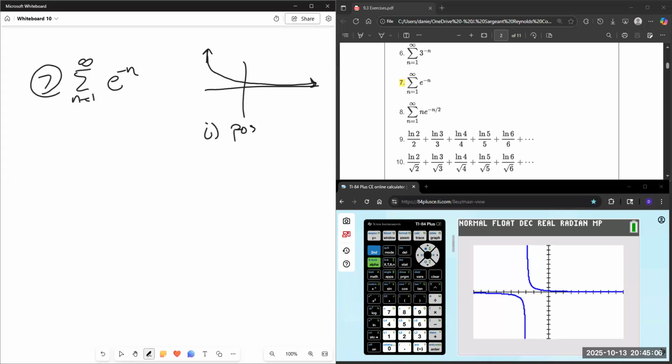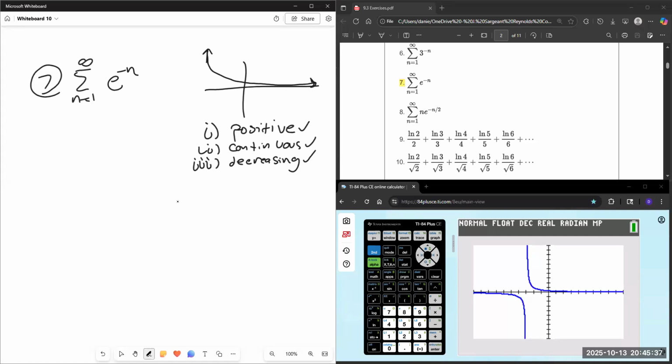So positive, continuous, and decreasing. This is just one of those parent graphs that I don't really feel a lot of need to put a lot of effort into telling you that it's positive, continuous, and decreasing, because you know what the function y equals e to the negative x looks like.